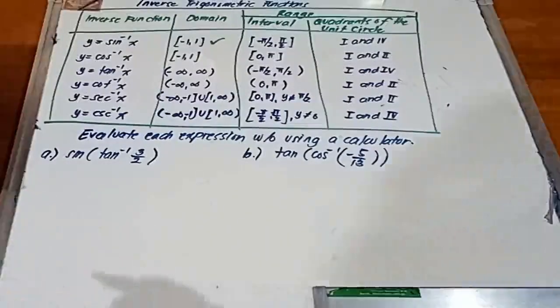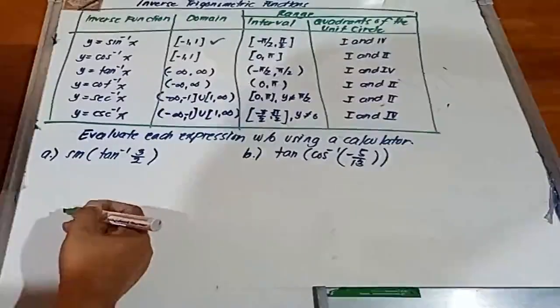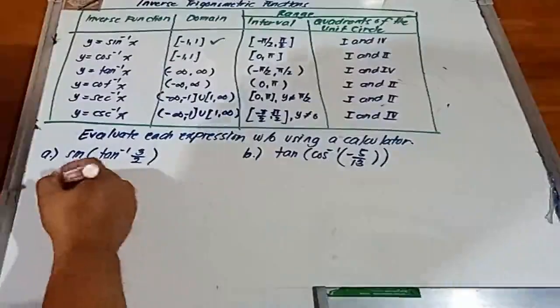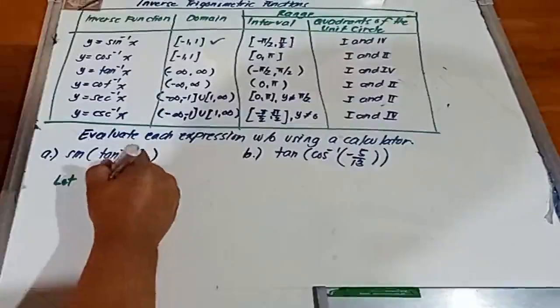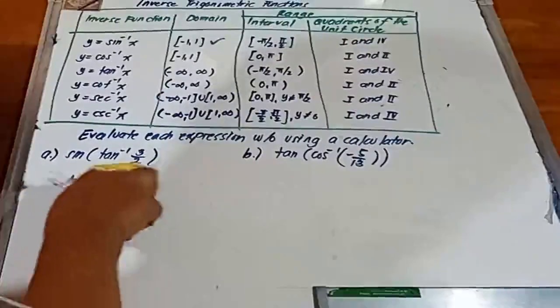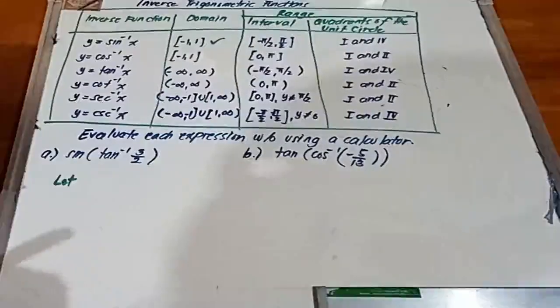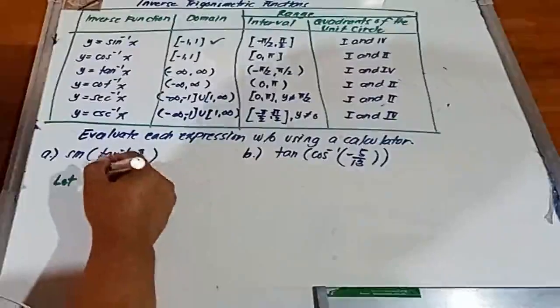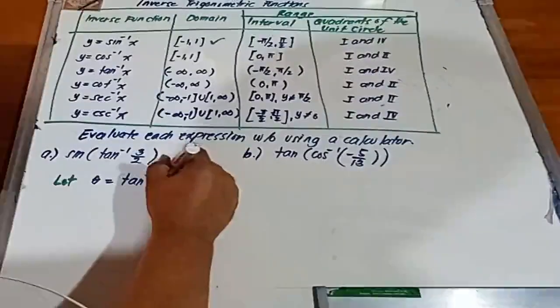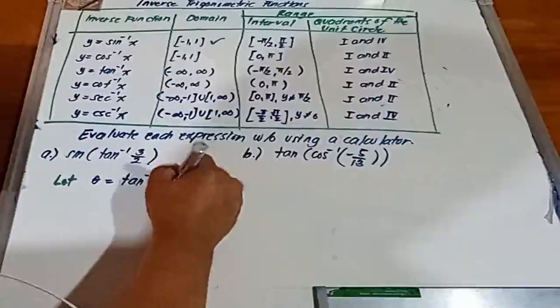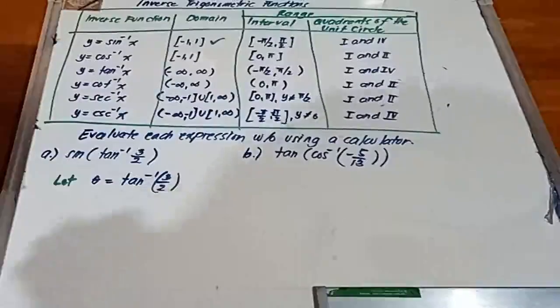Now, so, anong una natin gagawin? So, ilagay muna natin to, let theta equal to tangent to the negative 1, 3 halves. Okay? Bago natin ma-evaluate yan.